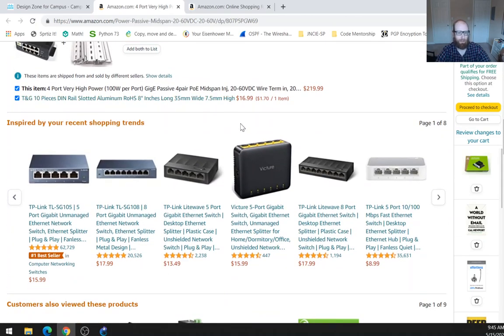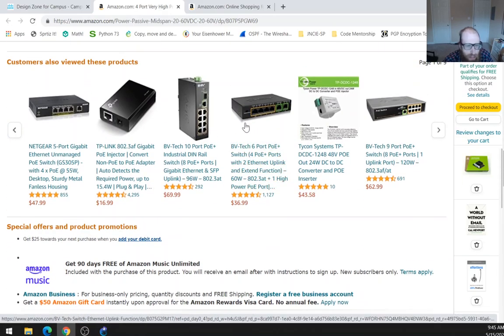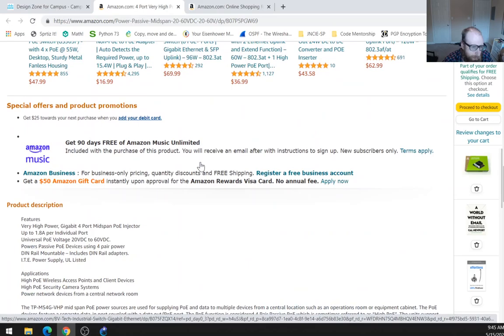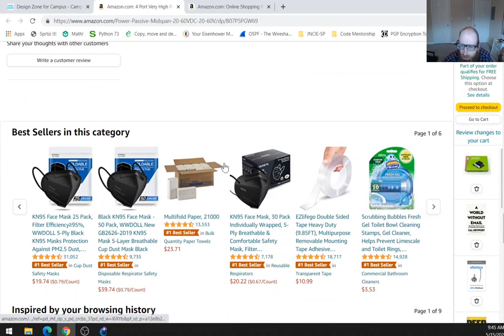But at some point I will be building out a home network. Right now I'm just in an apartment, so that will be interesting.